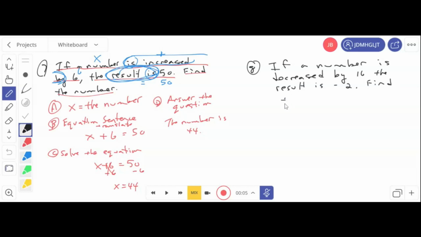Find the number. Okay, I want you to do number 8.